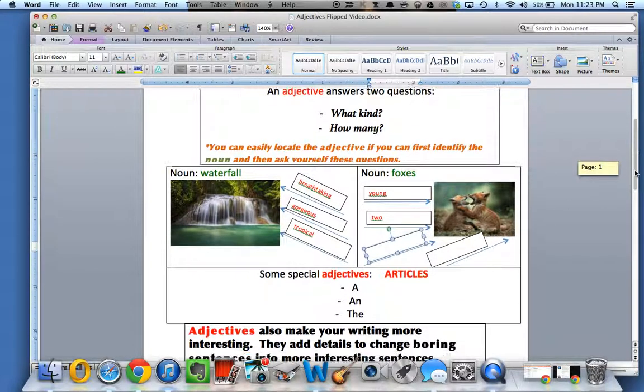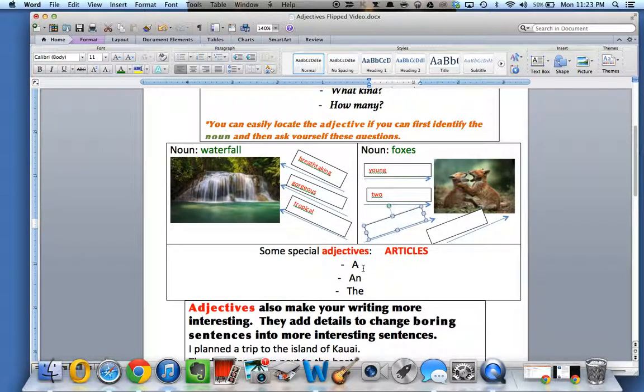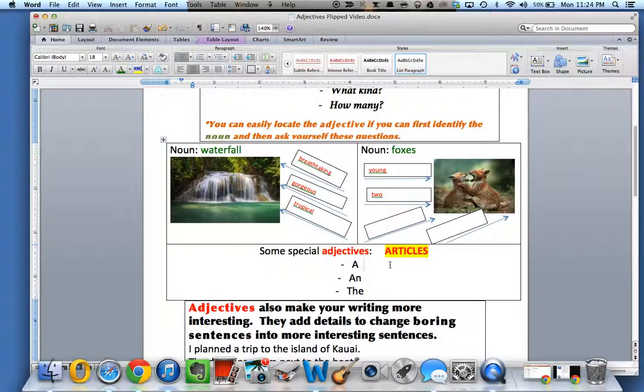There are some special adjectives that we can look at to help us. Some special adjectives, they're called articles. And these are really special because you may not think of them as adjectives, but they are in secret.